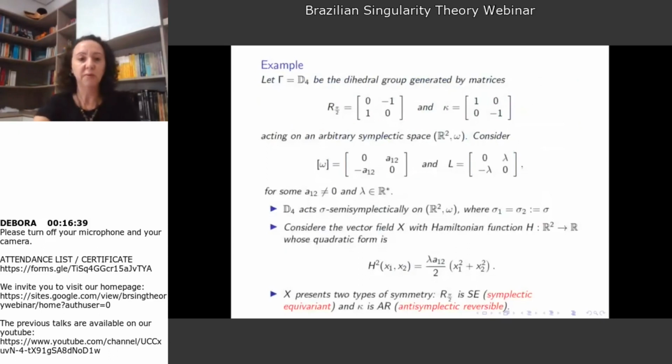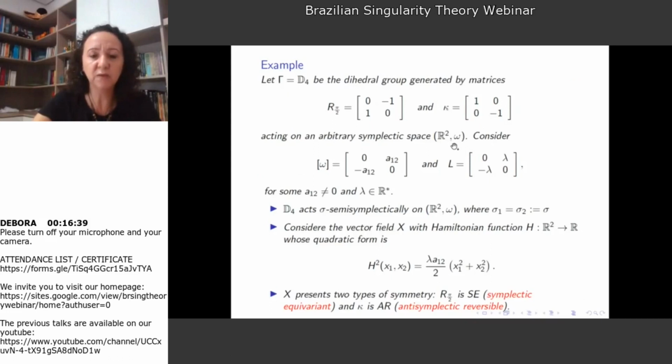Well, we will illustrate this with an example. We have a diagonal group generated by a rotation matrix of order 4 and kappa, a reflection, acting on an arbitrary symplectic space.